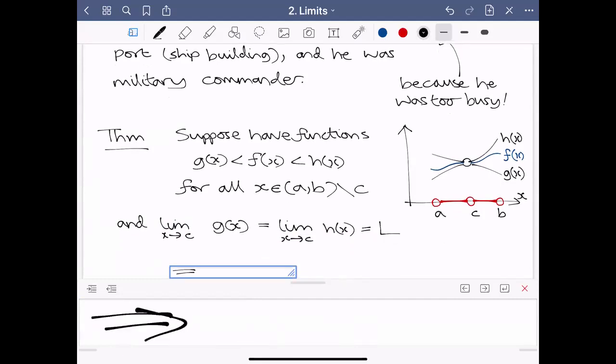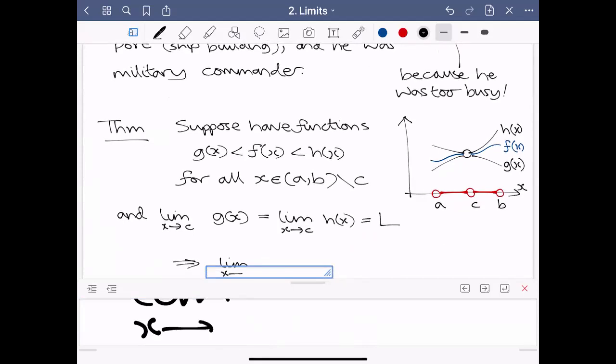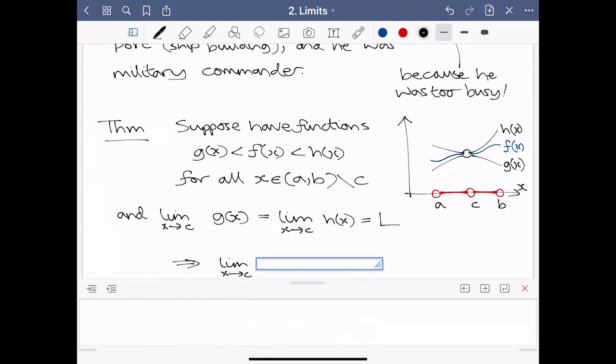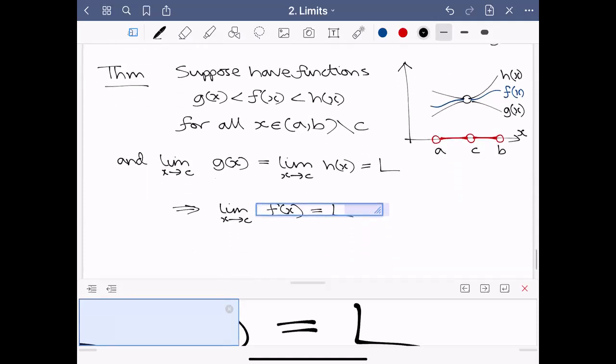Then the limit as x goes to c of f(x) exists and is equal to the same value.